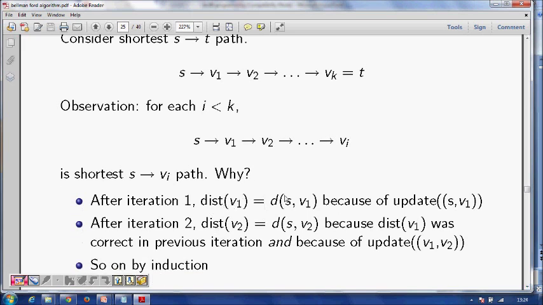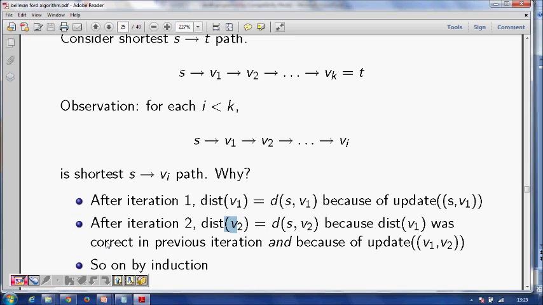After iteration 1, the distance of V1 from S, because of the update S to V1, will become the shortest. So in iteration 1, the one hop distance, the first node V1, will have the shortest path. After iteration 2, the distance of V2 will be equal to distance of S comma V2, because the distance of V1 was correct in the first iteration.